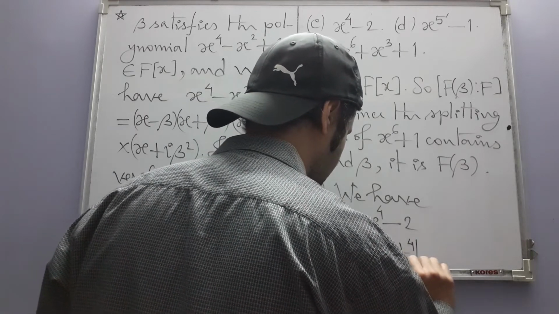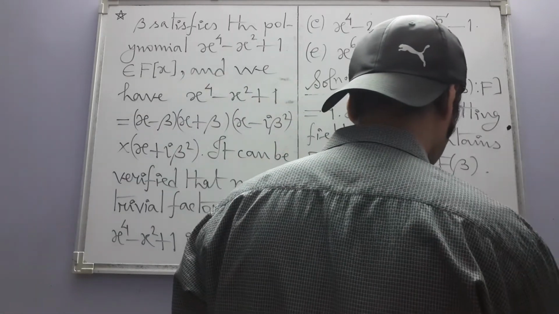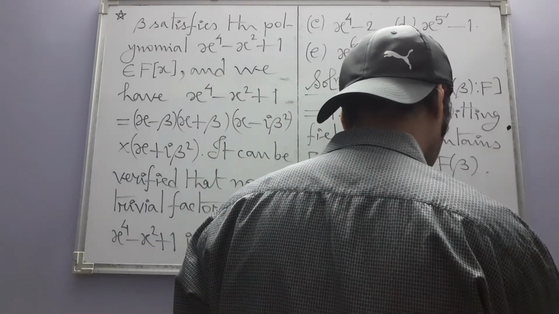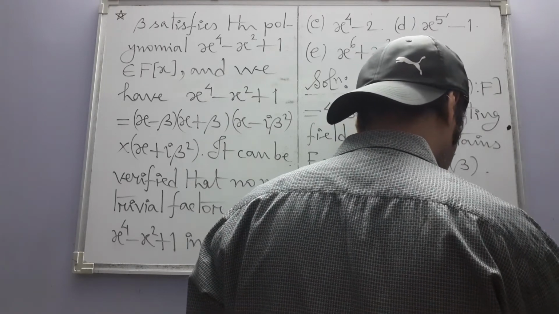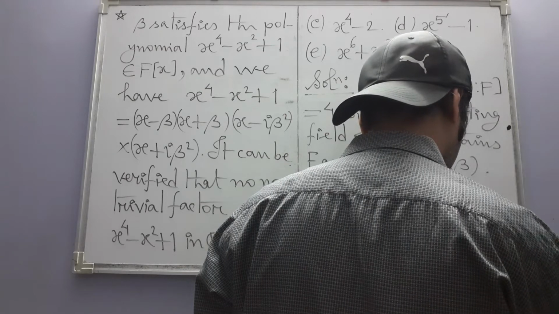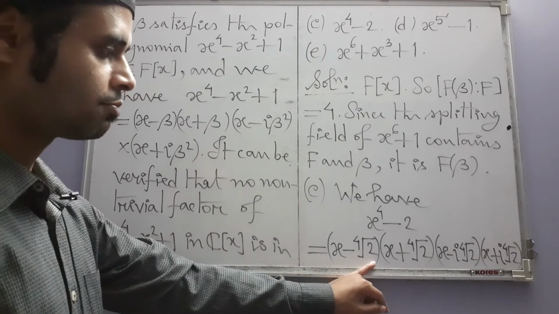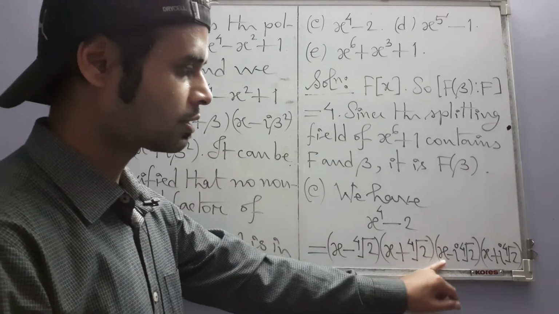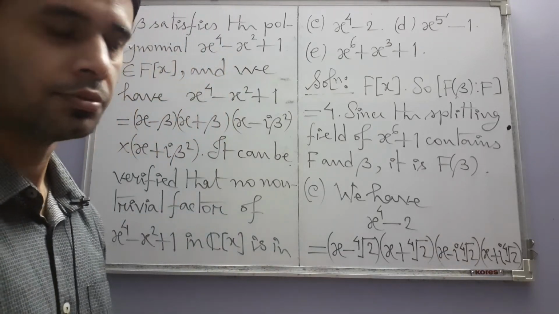Two of them are real and two of them are purely imaginary. We have x minus 4th root of 2, x plus 4th root of 2, x minus I times 4th root of 2, x plus I times 4th root of 2.